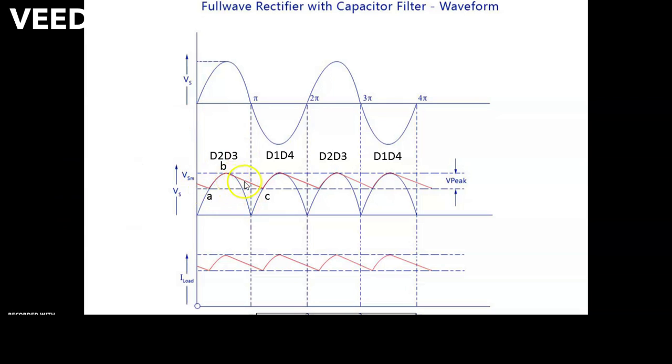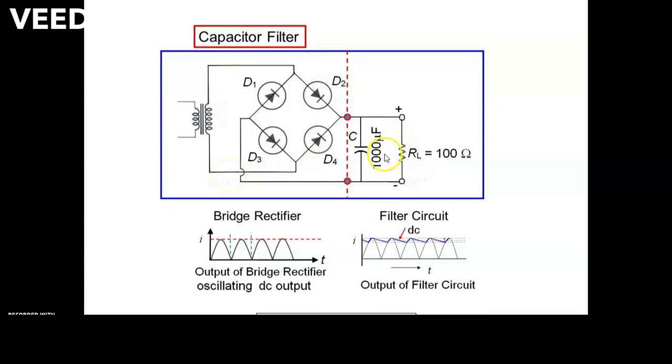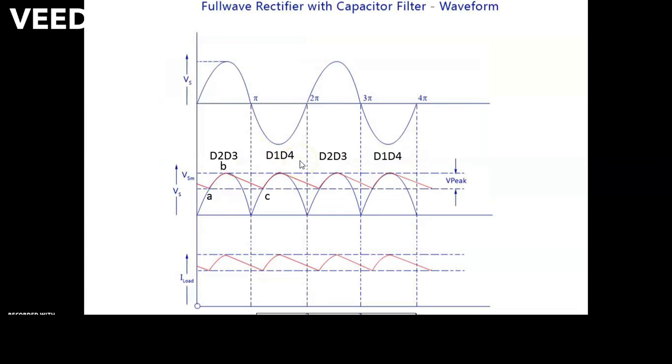This charge is held by the load resistor, and the capacitor discharges through this load resistor at a rate called the RC time constant, given by tau equal to R into C. That is, this discharge rate is decided by the value of the resistor and the value of the capacitor. If the value of resistor and capacitor is more, then the discharge time is also more.